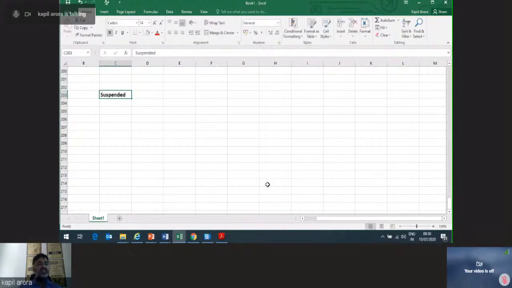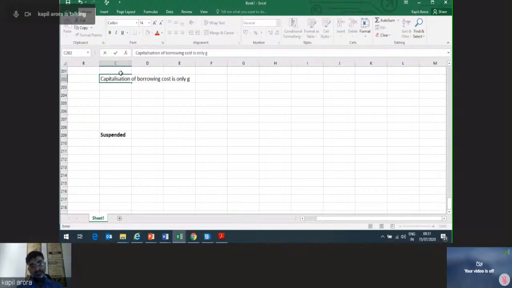From the commencement date criteria, you can understand that capitalization of borrowing cost is only happening when activities are in progress.